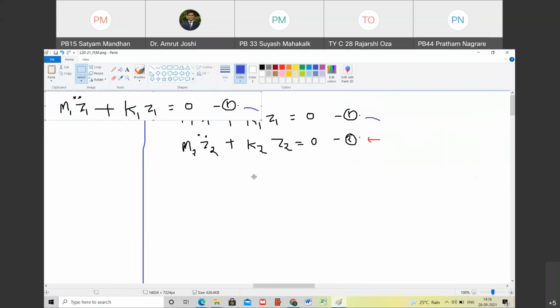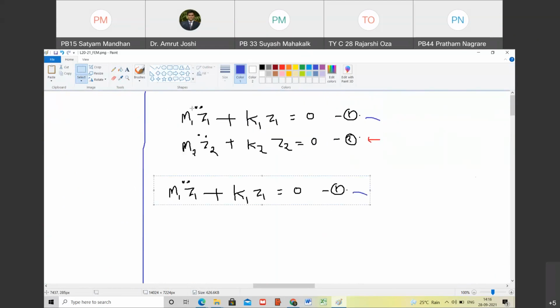We have already solved such kind of equation. Do you agree with me? Yes, sir. Tell me, what is its solution? If there had been damping, what would its solution be? z1 of t, it is not z1 into t.